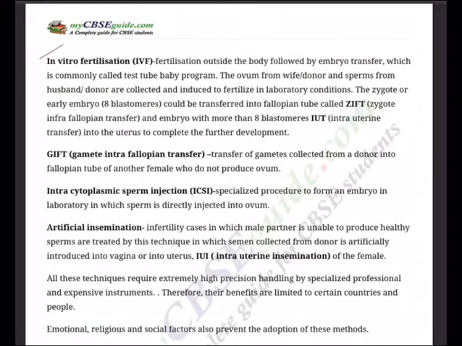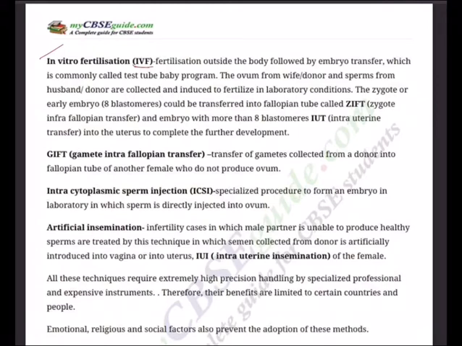In vitro fertilization, first one, IVF. All these abbreviations in this chapter are important, because in the CBSE exam the questions will be on abbreviations. Expand the abbreviations like IVF, in vitro fertilization. The baby produced by conceiving in a culture dish and nursing in the uterus is called a test tube baby.